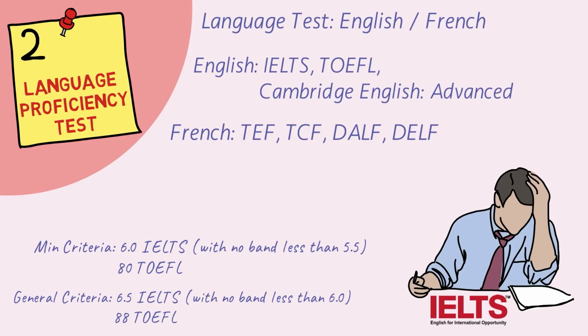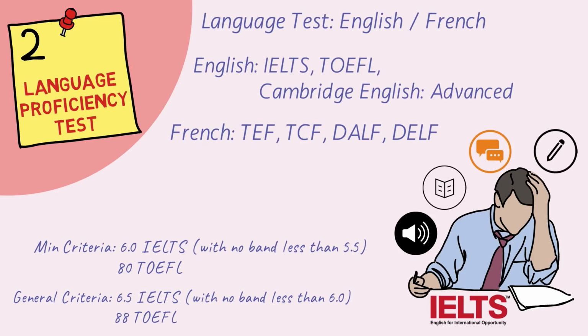You have 4 different bands: listening, reading, speaking and writing. So for the general criteria, in all those 4 you should not get less than 6. But as I told you, it does differ from one university to the other, from one college to the other. So you should definitely look for the exact requirement so that you have a goal clear in your mind: this is your requirement and this is what you have to get.